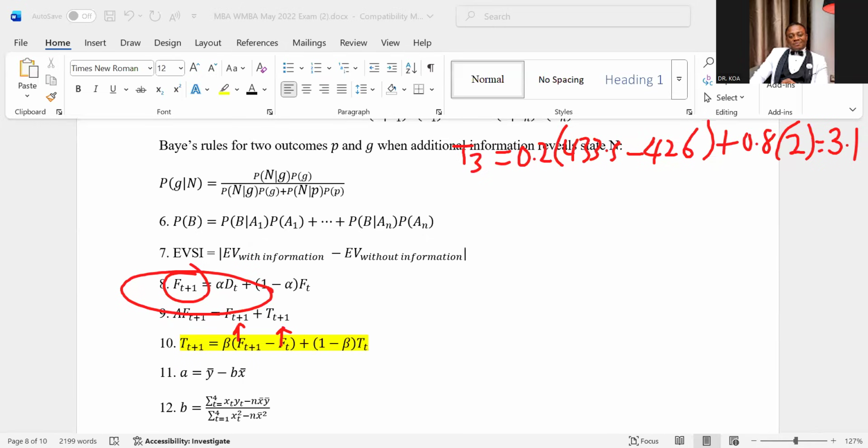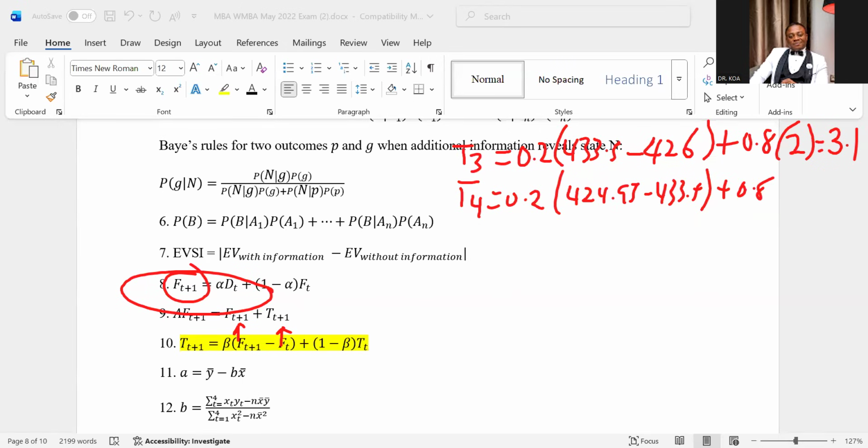So let's do T4. T4 will be 0.2 multiplied by what? Let me see whether some of you are cracking it now. 0.2. 424.95 minus 433.5 plus 0.8 into bracket what?